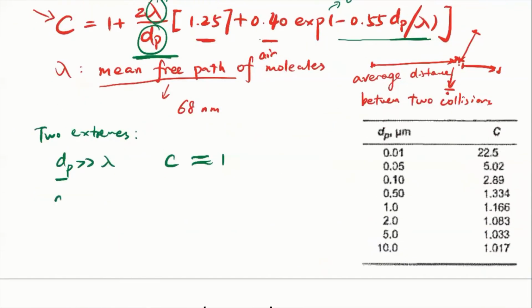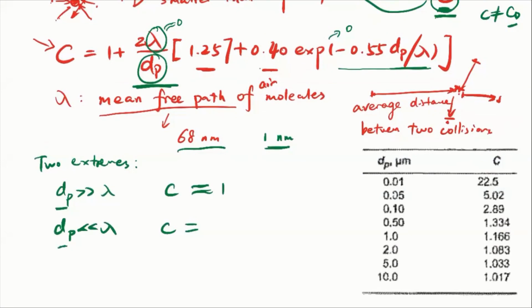Now in the very small size range, much, much smaller than lambda, let's say lambda is equal to 68 nanometers. If a particle has a size of 1 nanometer, that's going to be much smaller than lambda. Now if you look at C, 2 lambda over dp is going to be very large, almost infinity. The terms inside are constants again.